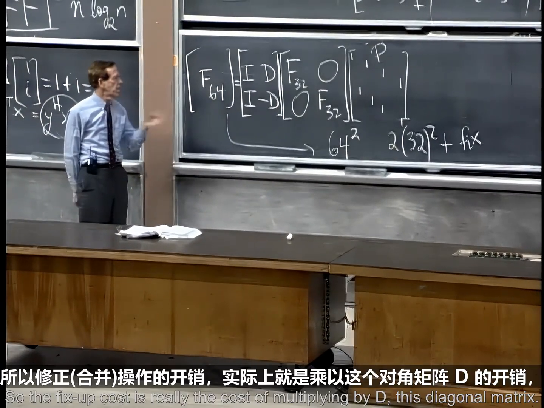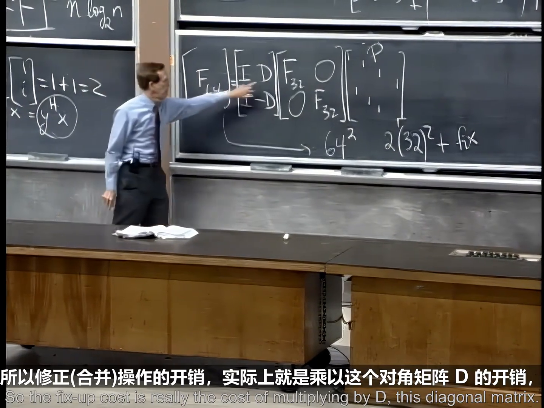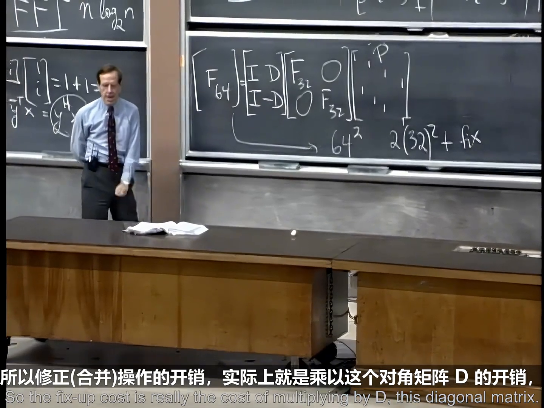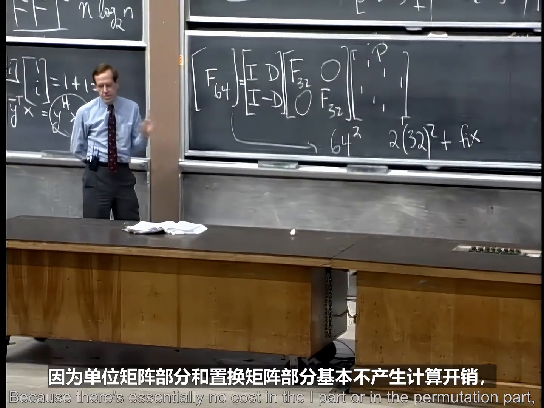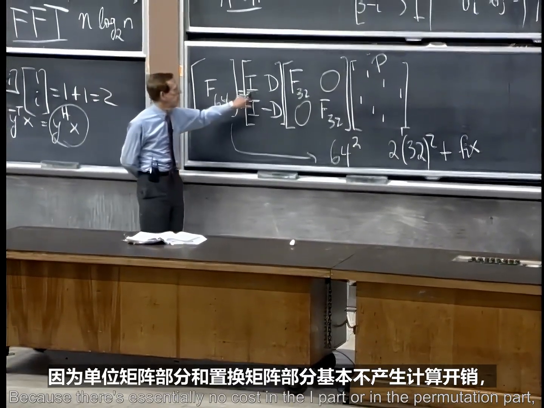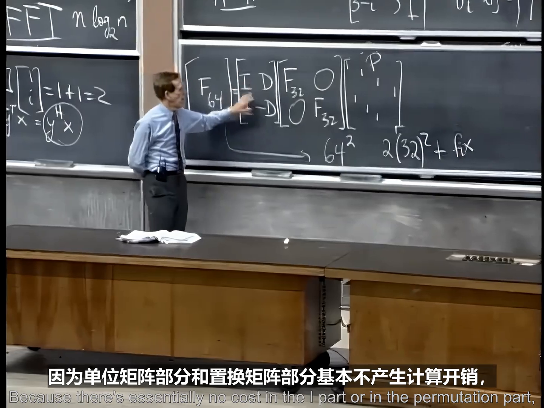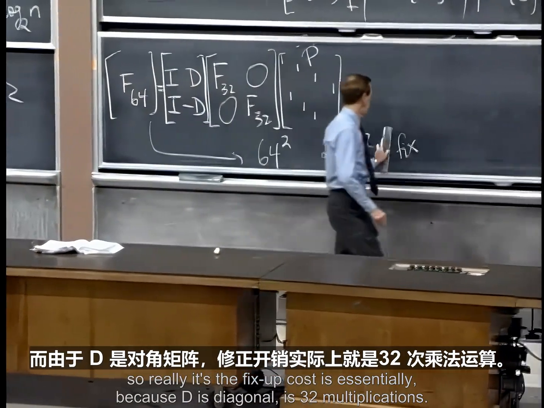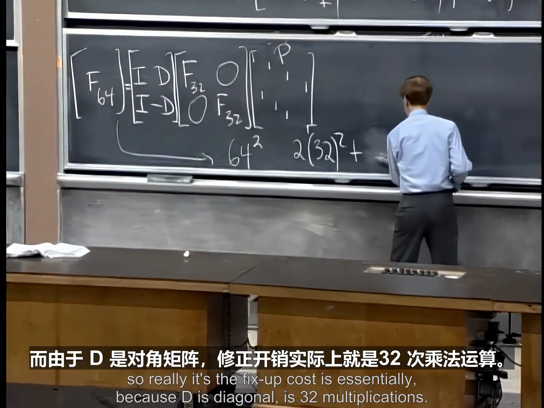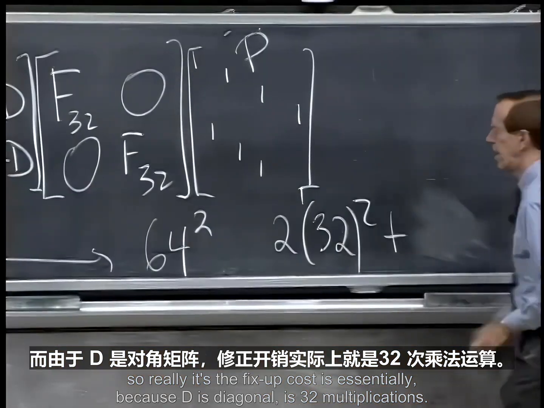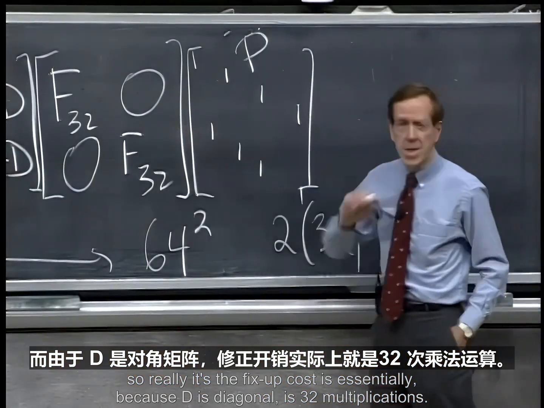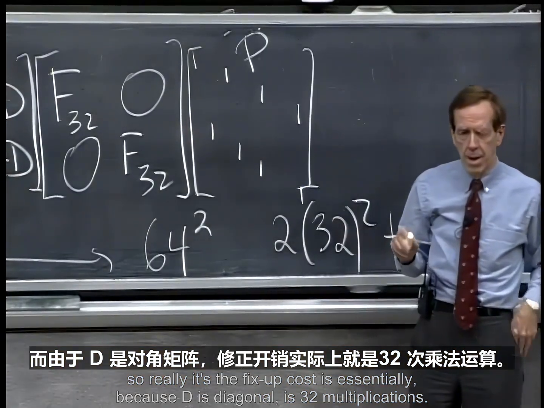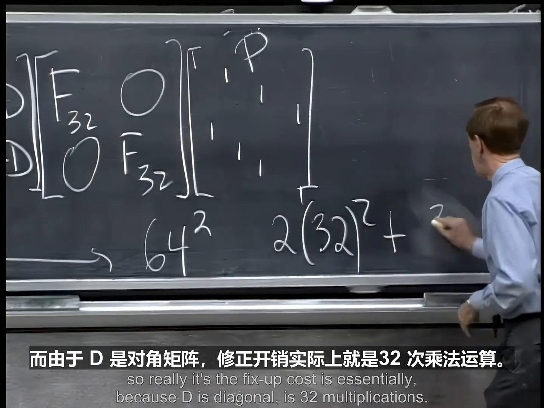So the fix-up cost is really the cost of multiplying by D, this diagonal matrix, because there's essentially no cost in the I part or in the permutation part. So the fix-up cost is essentially, because D is diagonal, 32 multiplications.